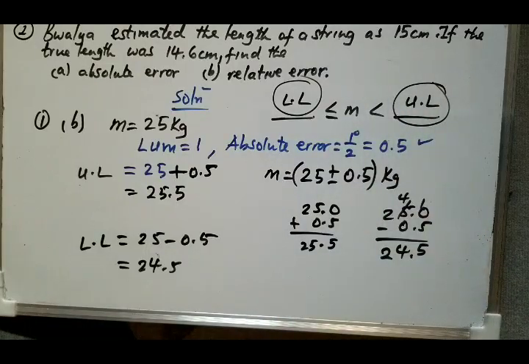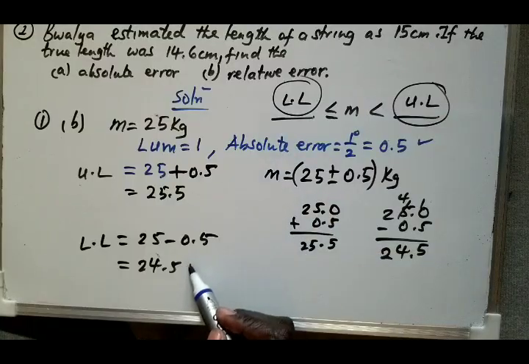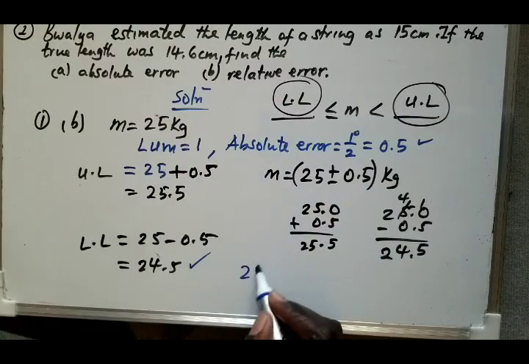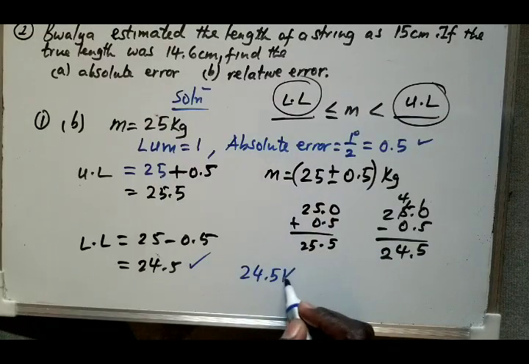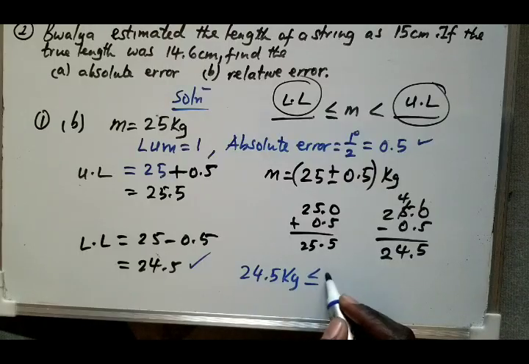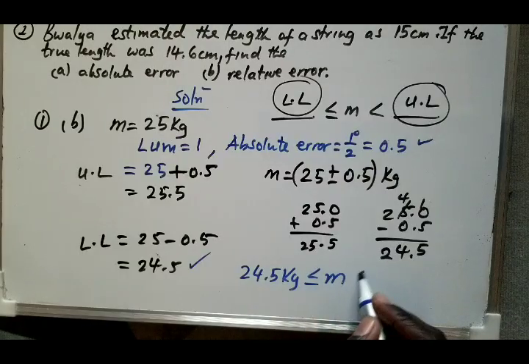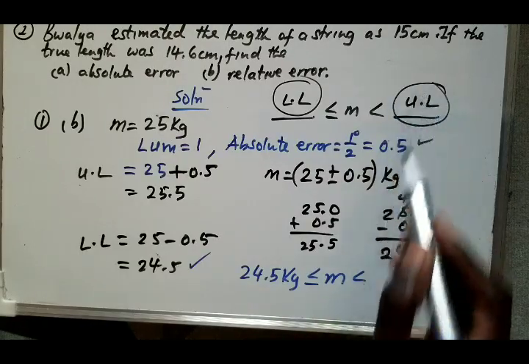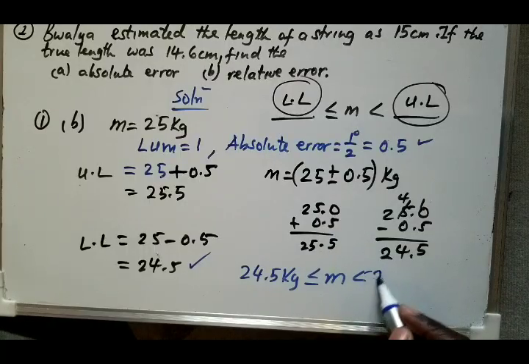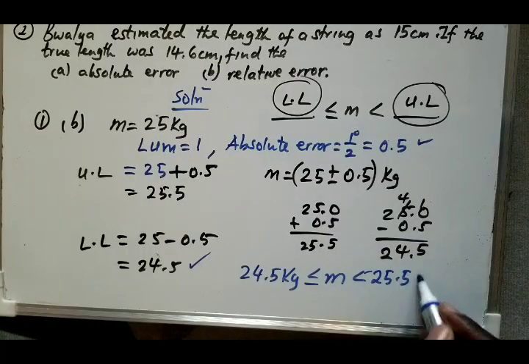Let me use a different marker. So I'll get the lower bound, which is actually that one. So it will be 24.5, and this is in kg, should be less or equal to m, and m should be less than the upper bound or the upper limit, which is simply 25.5 kg.